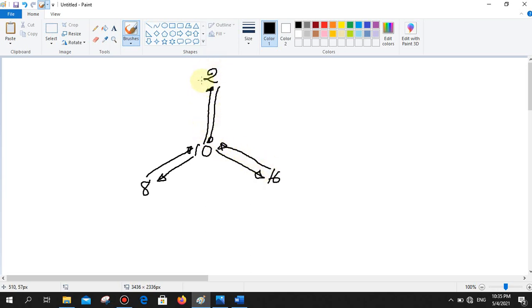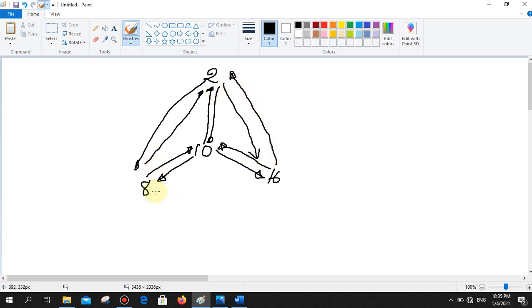After that we are going to talk about how we can convert binary numbers into octal, and octal numbers into binary. Then binary numbers into hexadecimal, and hexadecimal into binary.